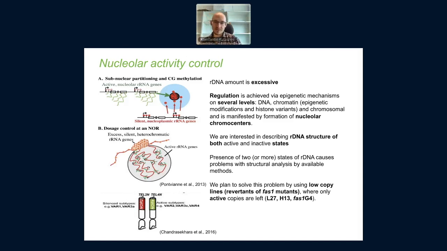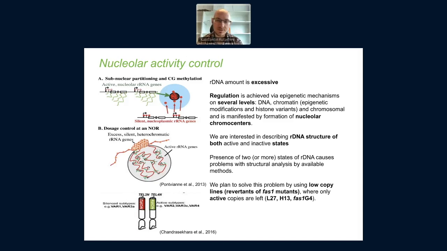Regulation is achieved by several epigenetic mechanisms. It is achieved on the level of DNA methylation, basically by methylation of the promoter. Also, it can be done by chromatin regulation, by histone variants and histone chaperones, histone modification, sorry. And also rDNA is regulated at the chromosomal level.